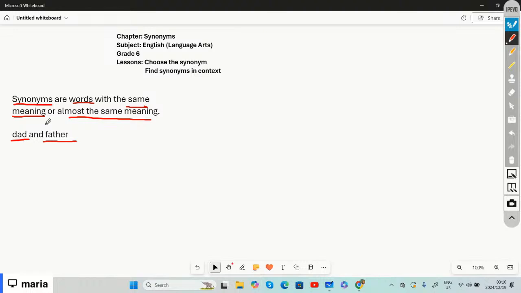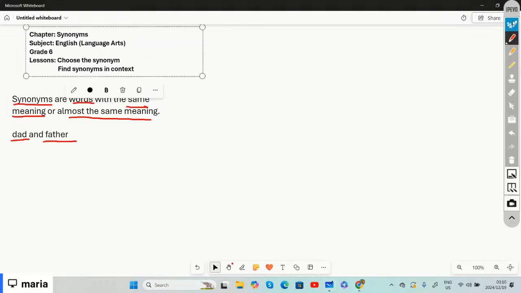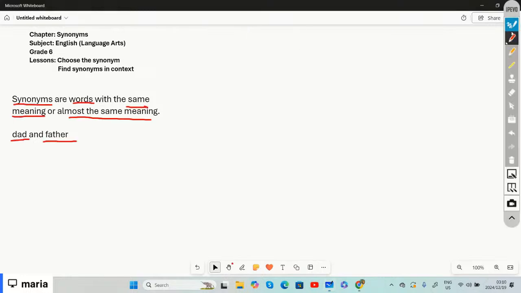I will be writing down a few words, and in the meantime, you can try to get the synonym of that word, or we will do it together. You only write down the synonyms of the words that you know.